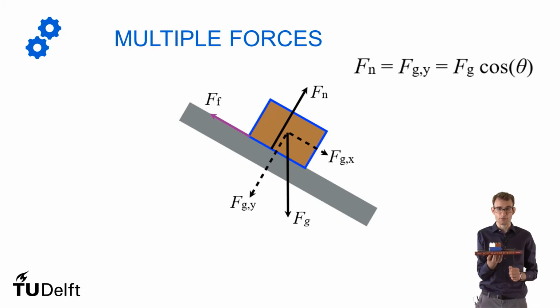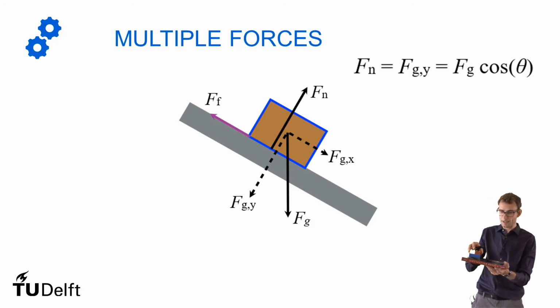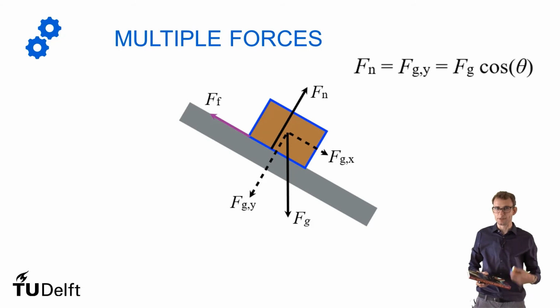So right now there's no friction force because it's not about to get moving, but if I tilt the book, if there were no friction, the block would start moving. And the more I tilt, the larger the x component of the force becomes, so the larger the reaction force of friction becomes. Up to some point, if I tilt the book too much, this thing will slide. And that's because the friction force becomes less at that point, because the normal force becomes less.